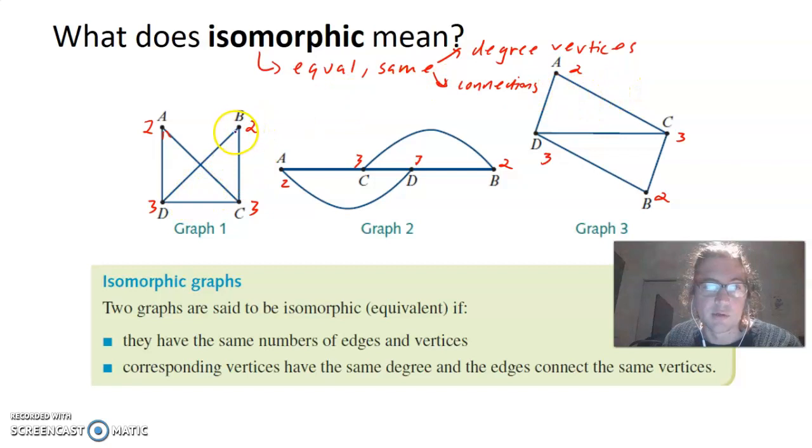B is connected to D and C in graph 1, in graph 2, and in graph 3. And if you kept going in that way, you'd find out that they are isomorphic. All that's happened is that this has just been stretched. So imagine if you take vertex A and bring it down to the bottom like that, it will look like graph 3. Okay, so they're isomorphic: same connections, same degree.